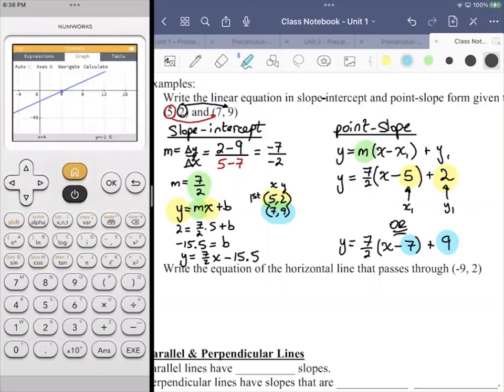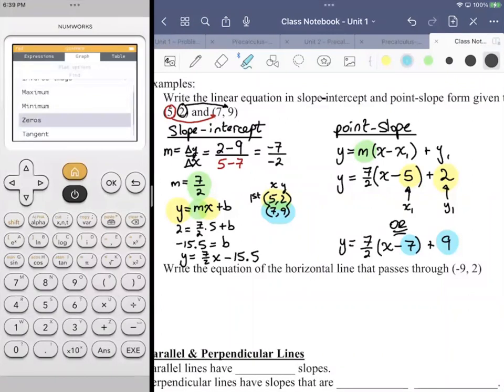I could also go to calculate and find things like the max, the min, zeros, tangents, integrals. That's more calculus stuff. Zeros is another way of saying x-intercepts. I wanted the y-intercept, so that's not as helpful, but you can start playing around with certain things like this.